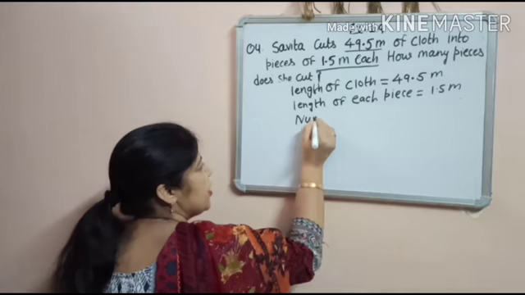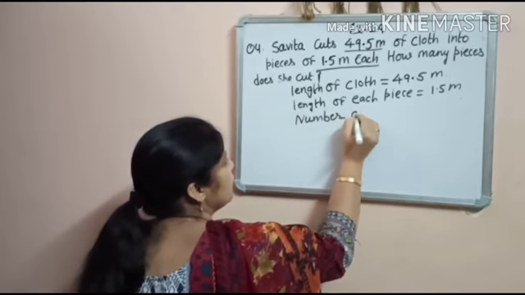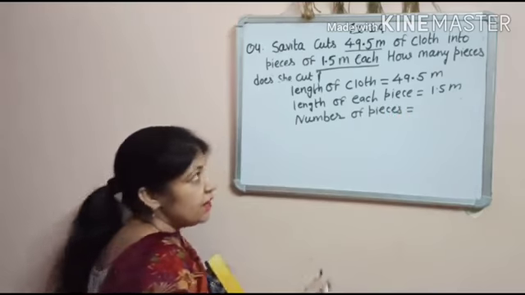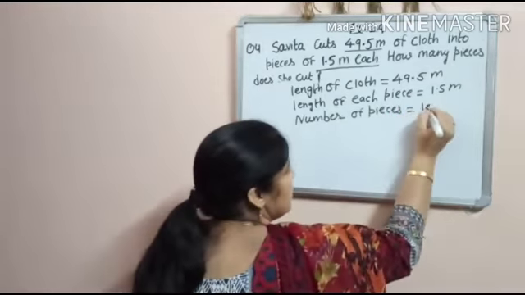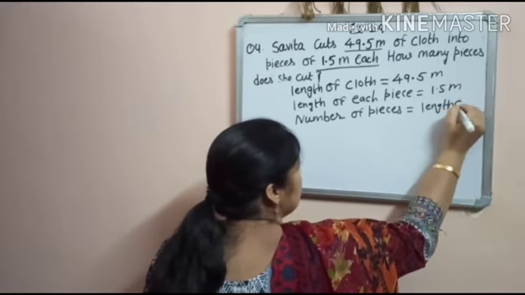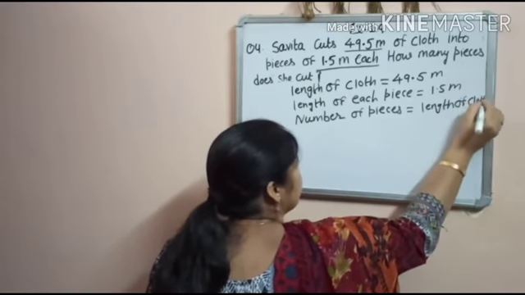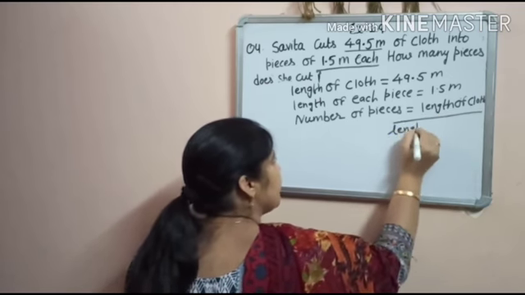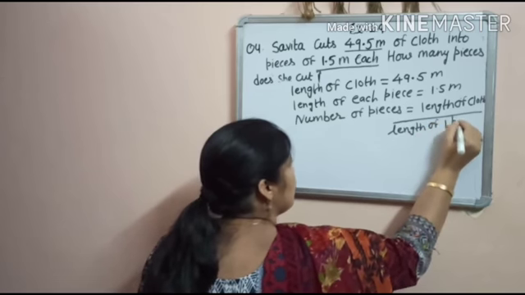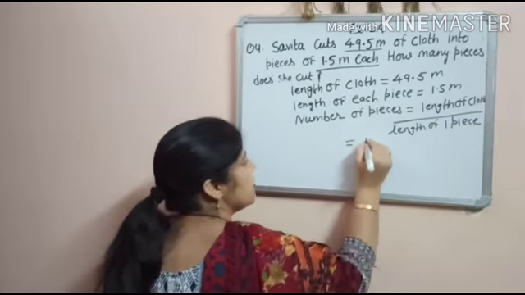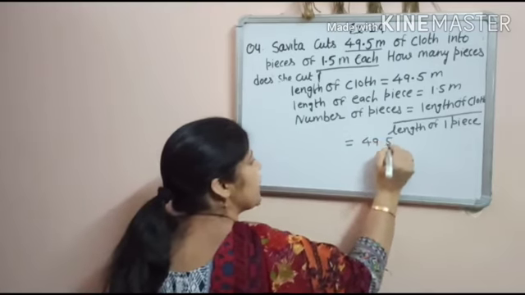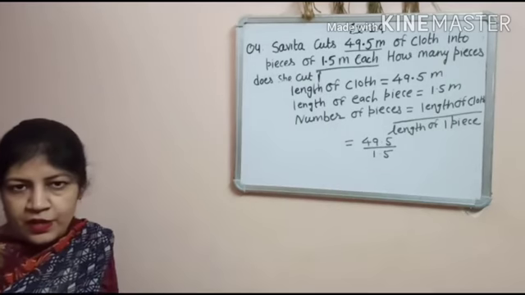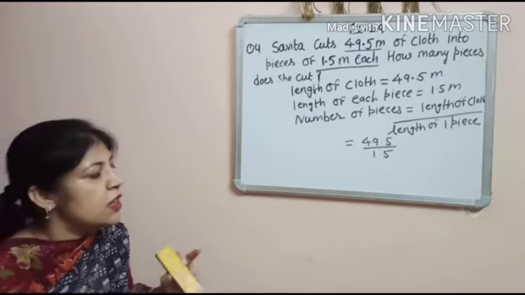So the number of pieces, we will divide, means length of cloth divided by length of one piece, means 49.5 divided by 1.5.